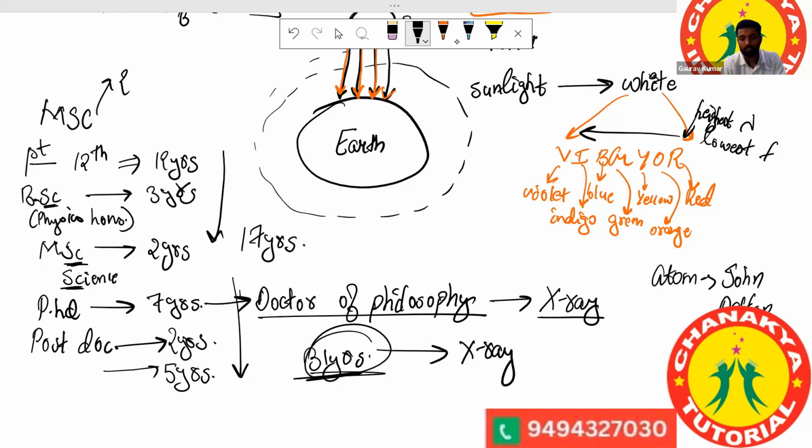So 31 years of studying leads to this X-ray. No one has all the knowledge present in our surroundings, on Earth and beyond Earth. Someone is taking 31 years just to study X-rays and their core depth.